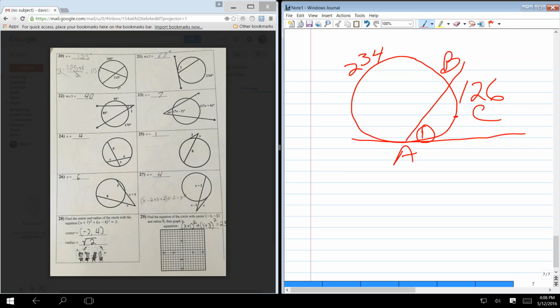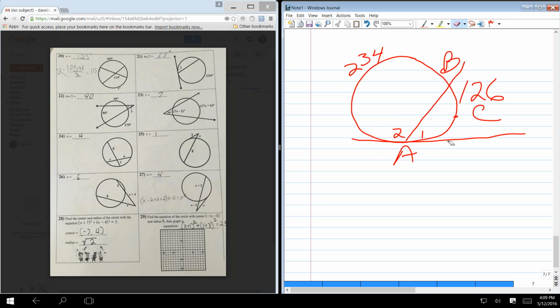63 degrees. Correct. And it's half. Here's the reason we know it's got to be half. What do these two arc measurements add to? 360. What do these two angles add to? These are linear angles, so 180. Notice that angle 1 intersects arc BCA. Angle 2 intersects arc BA.